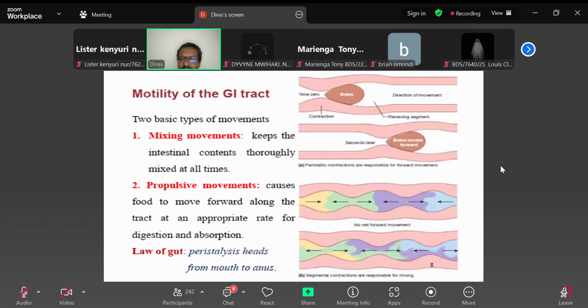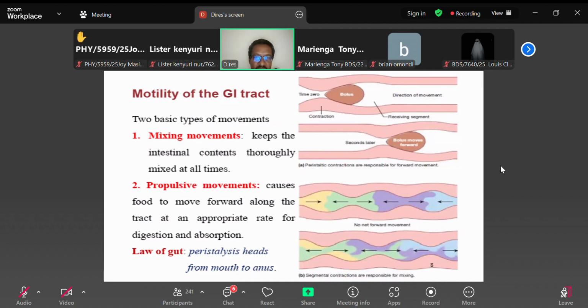Peristaltic movements push the food towards the anus so that in the rectum it accumulates, leading to rectal distension and defecation. So when there is peristaltic movement, most of the time the food is pushed towards the anus. But sometimes there is retropropulsion.